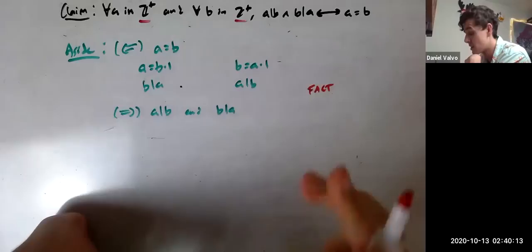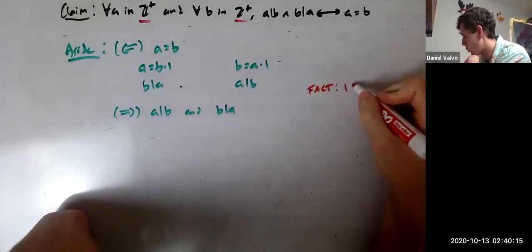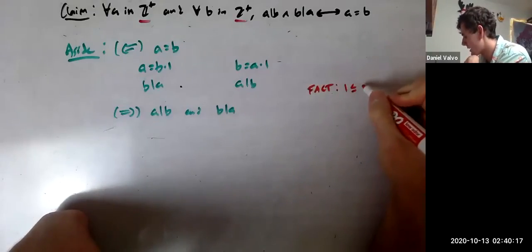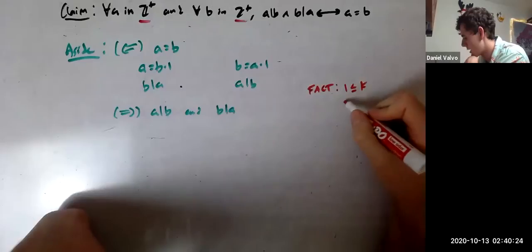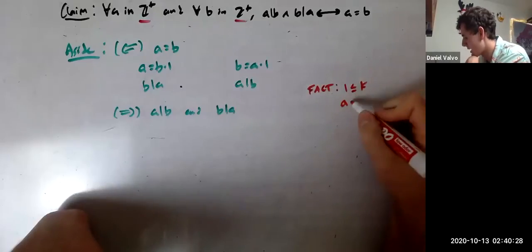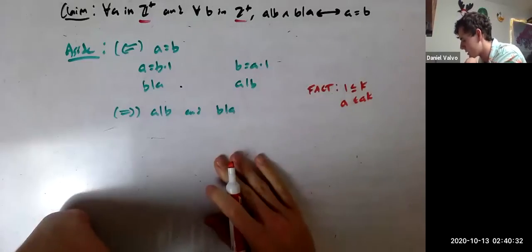And that is, notice, if 1 is less than or equal to K, then A is less than or equal to AK.